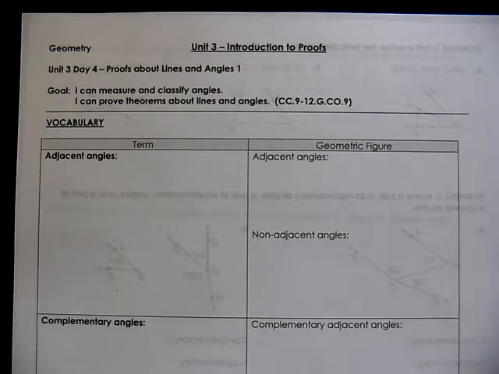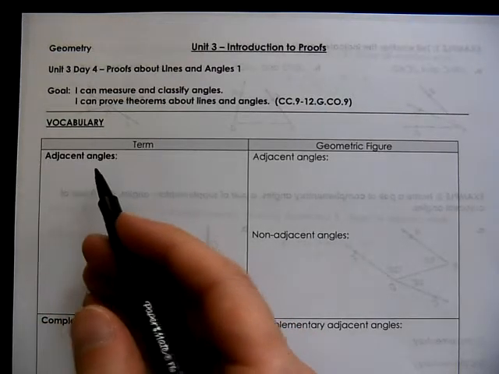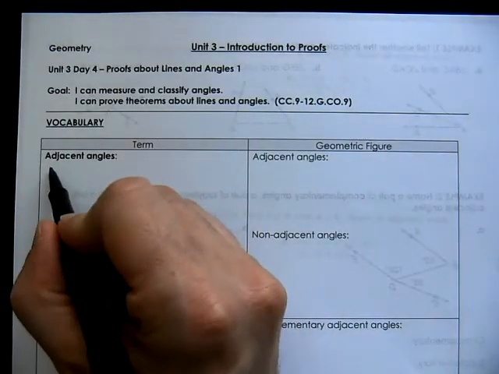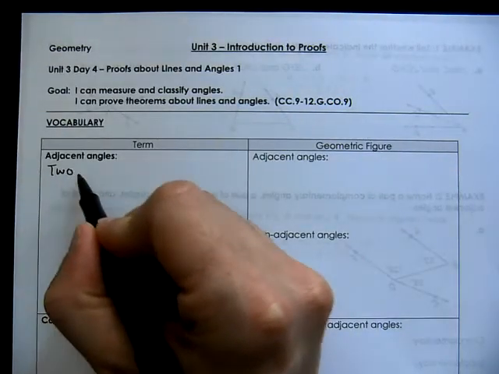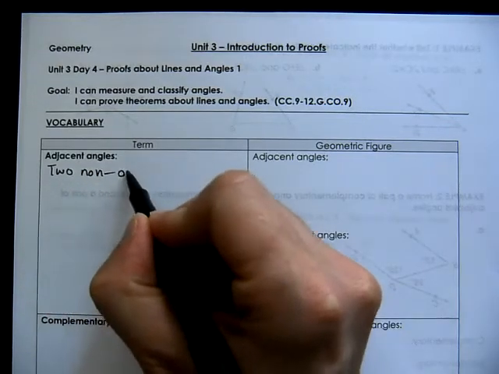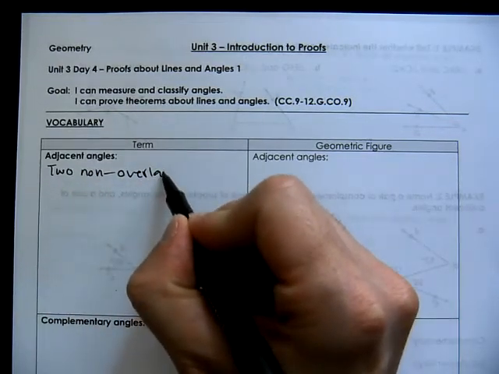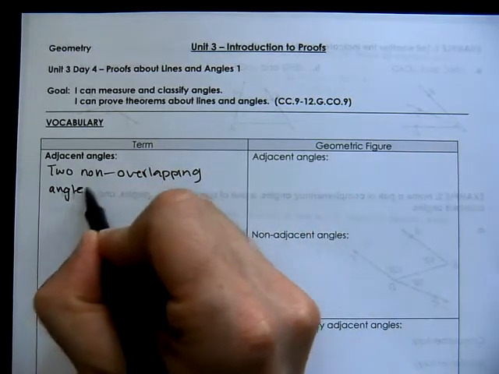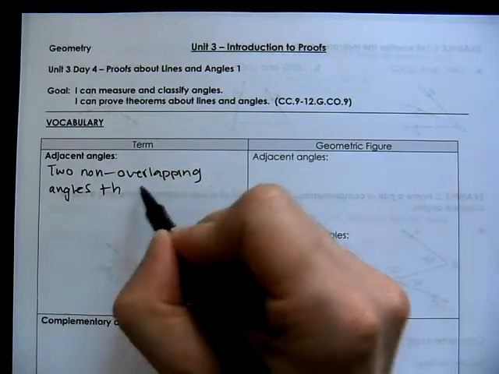So let's start off with our vocabulary and put down some diagrams to describe what these might look like. First, let's talk about adjacent angles. So adjacent angles are two non-overlapping angles that share a common vertex and side.